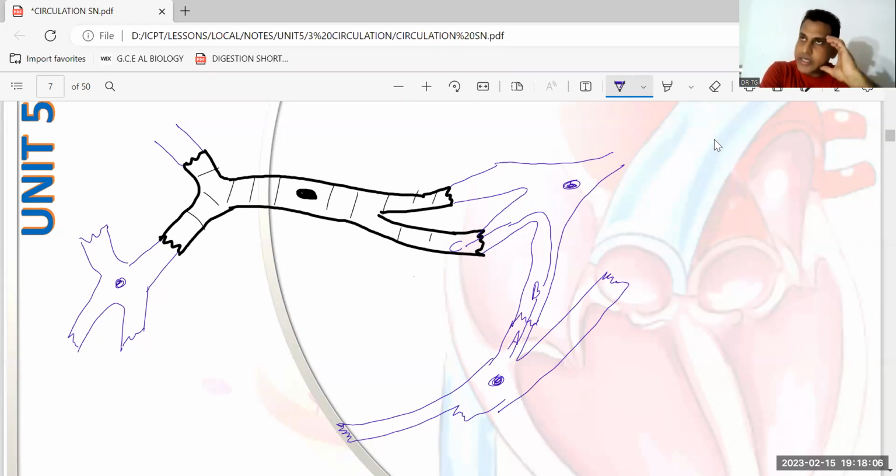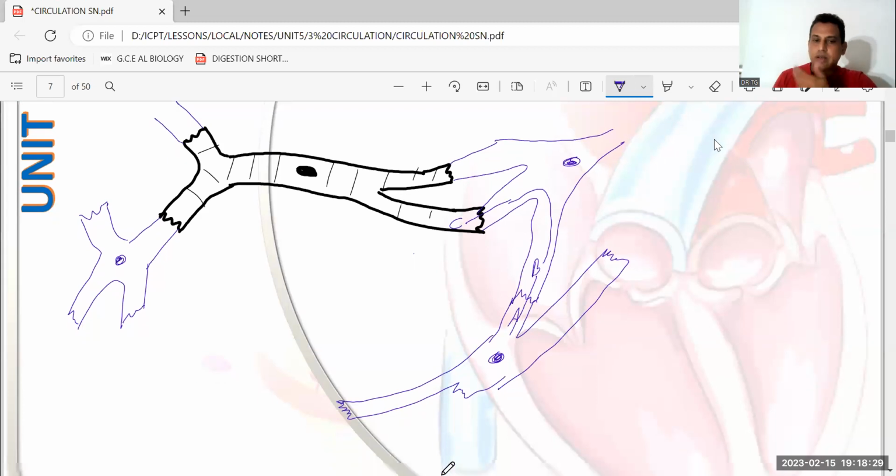Then we make a clear conclusion. Heart muscles make a big network by connecting with each other. That means if something originates from one place, it can communicate it to the other place. It's like a network. Then these are muscles, right?